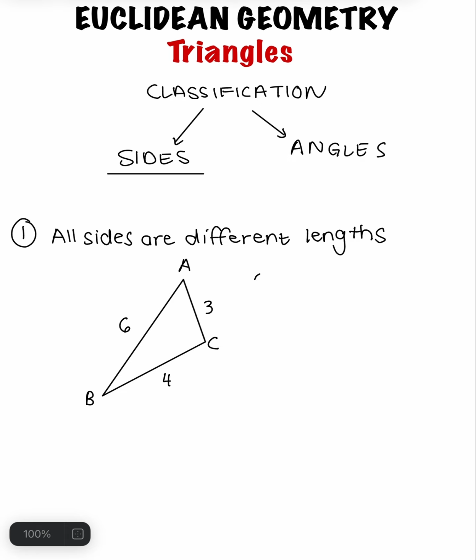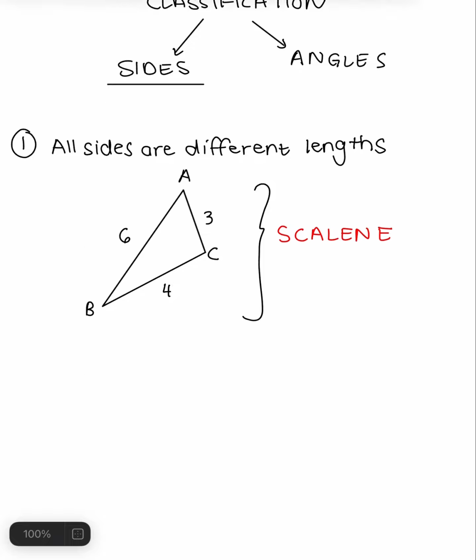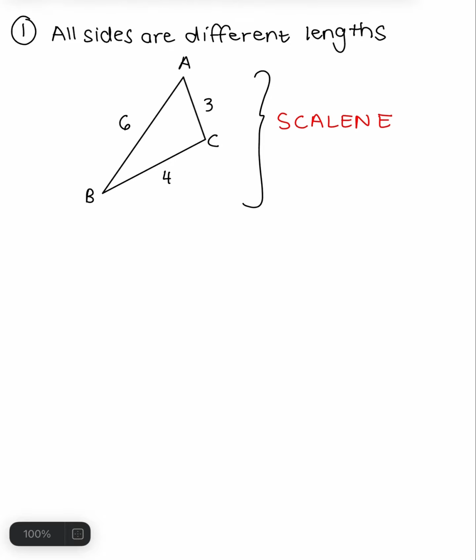This type of triangle is called a scalene triangle, which is when all sides are different lengths and no side is equal to any other side. That's our first classification.